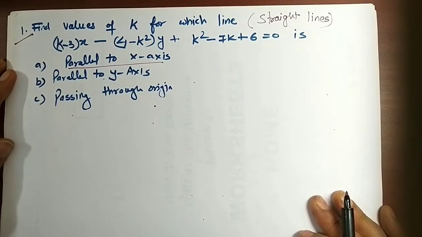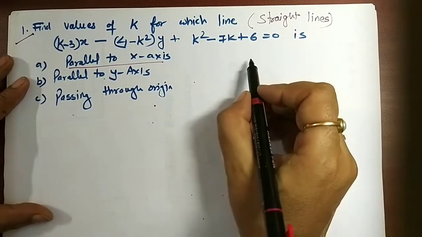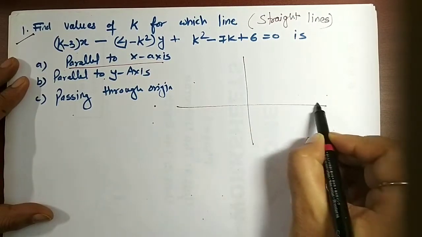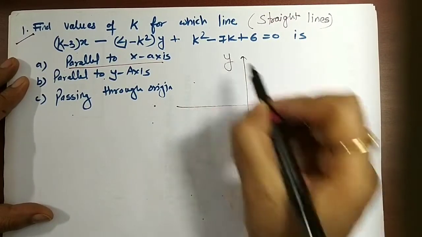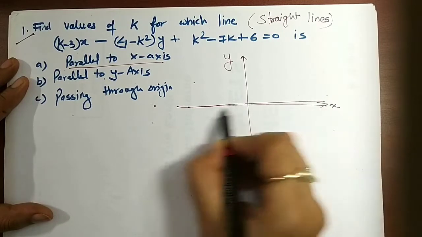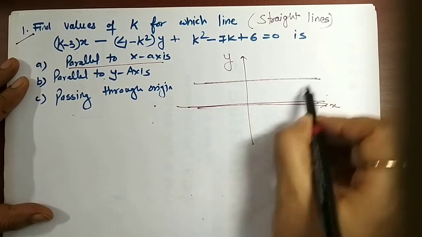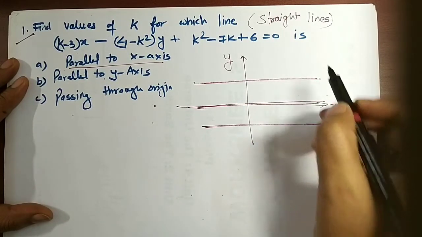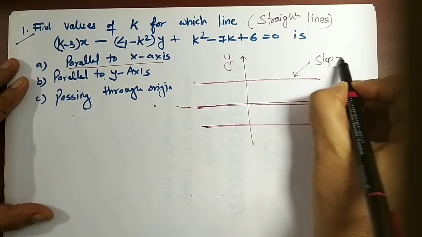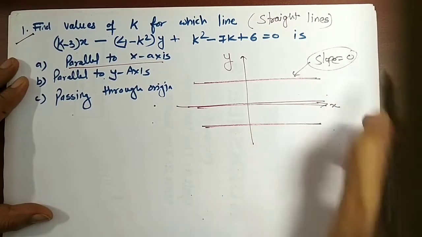Okay. So I will give you one information, guys. If this is your coordinate system, if any line is parallel to x-axis here or here, its slope is always 0.